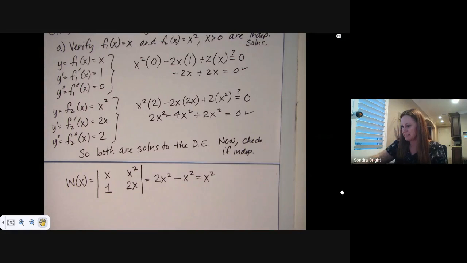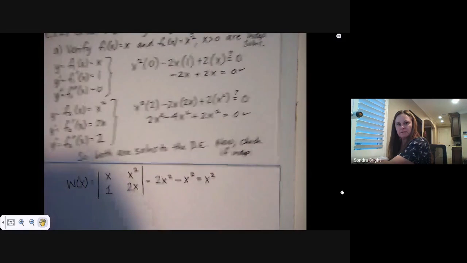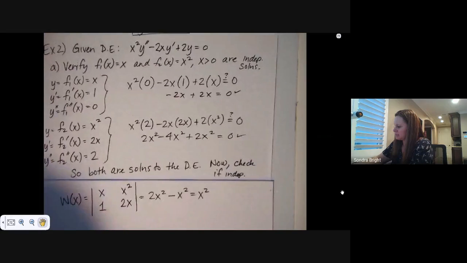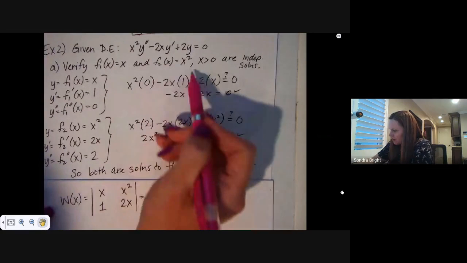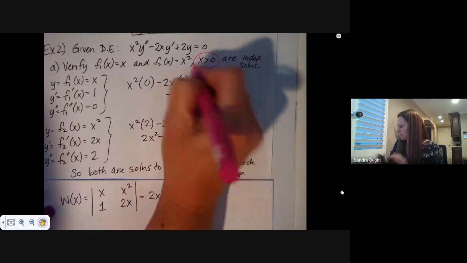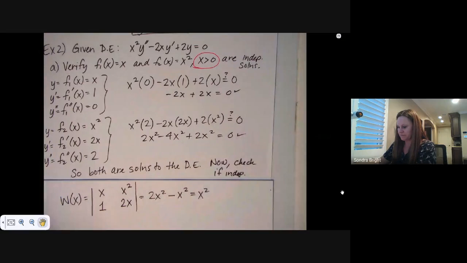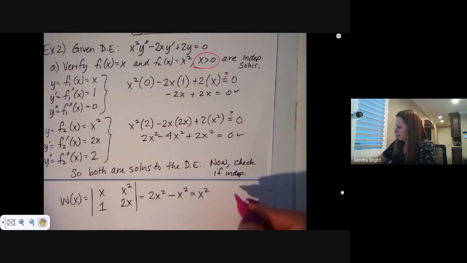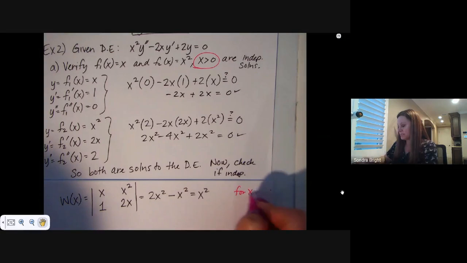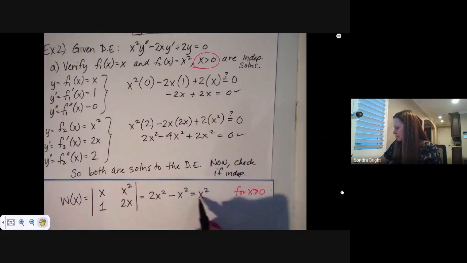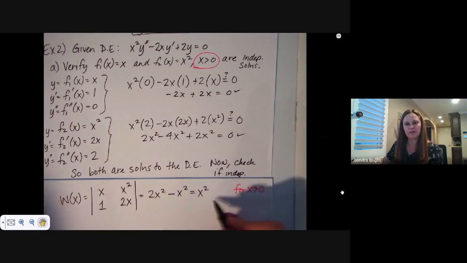Do you remember how I said, when we gave you this, we gave you for x greater than 0? Remember that? So this is definitely for x greater than 0, which is what was given to us. Is x squared ever 0? Definitely not. Not for x greater than 0.